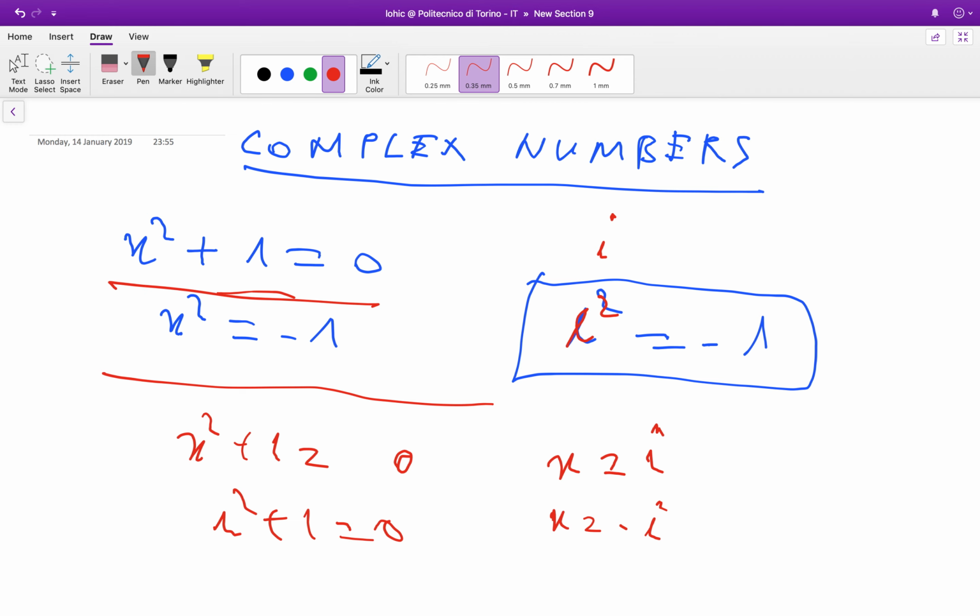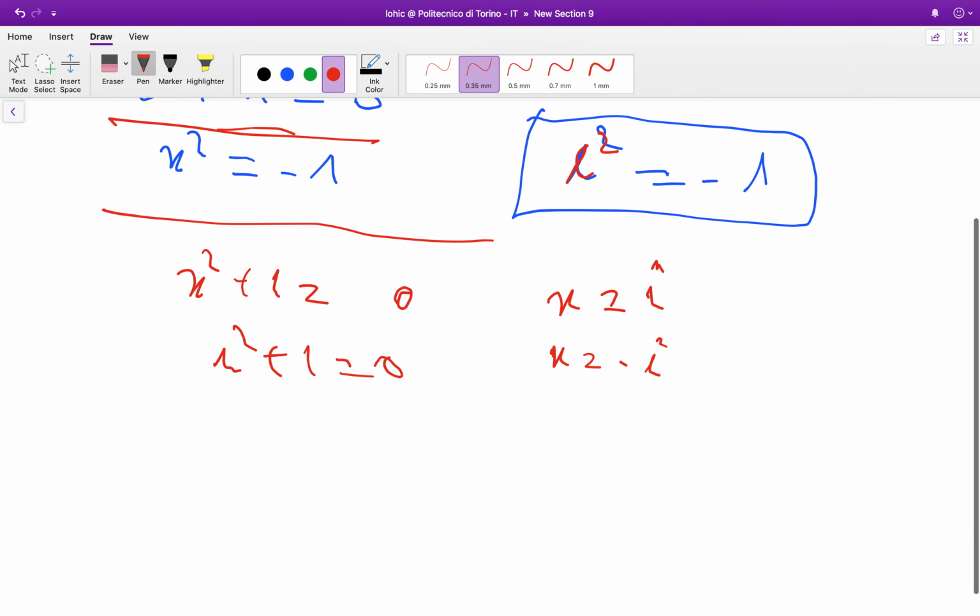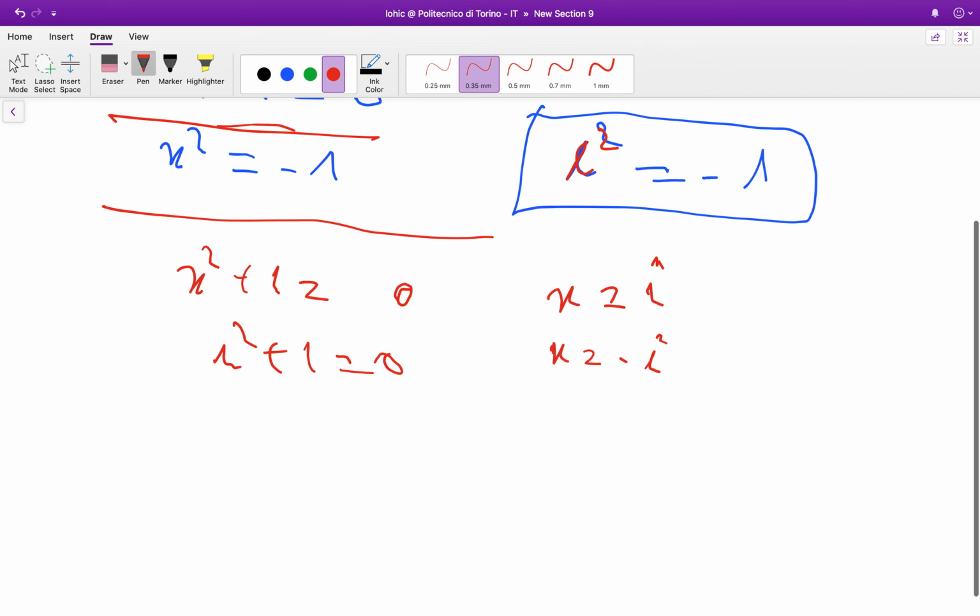But this number is not a real number, because in real algebra, when squaring a number, you expect to get a positive number. That's why we call it the imaginary unit.